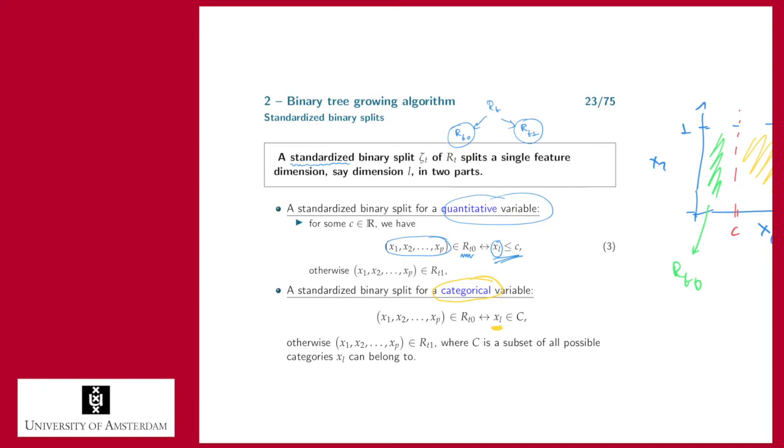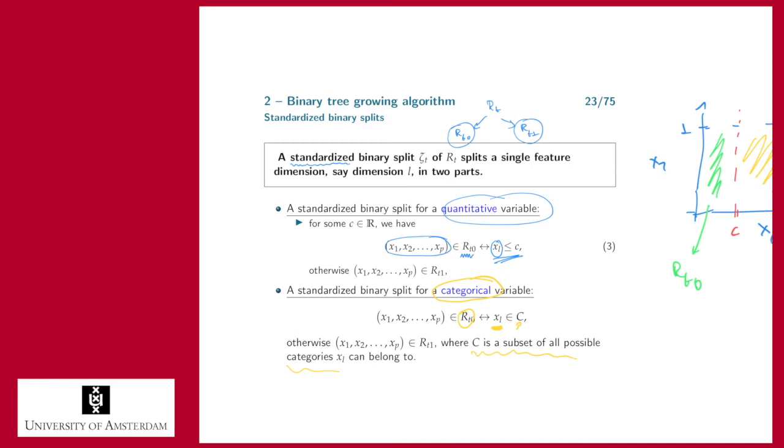I will just take one feature variable, XL, and say, well, you belong to the left child if XL takes classes in C, where C is a subset of all possible categories. Assume XL indicates whether you are a good, a bad, or a medium driver. Then C could be good and bad. If you are a good or a bad driver, you belong to the left child. If you are a medium driver, you belong to the right child.